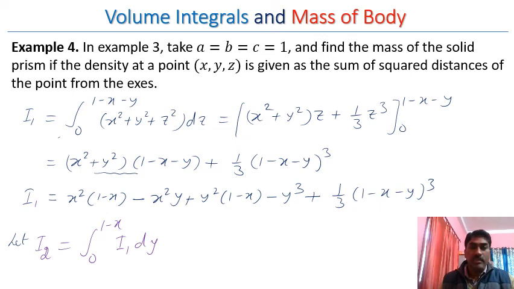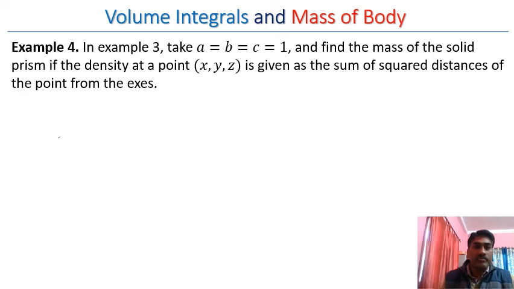So I is this expression. Just writing it, you can see that in the first term there is no y, so a y will come after integration. This will become y square by 2, y to the power 4 by 4, and similarly you can integrate this (1 minus x minus y) to the power 4 divided by minus 4, because y has coefficient minus 1. So this way we can integrate this.